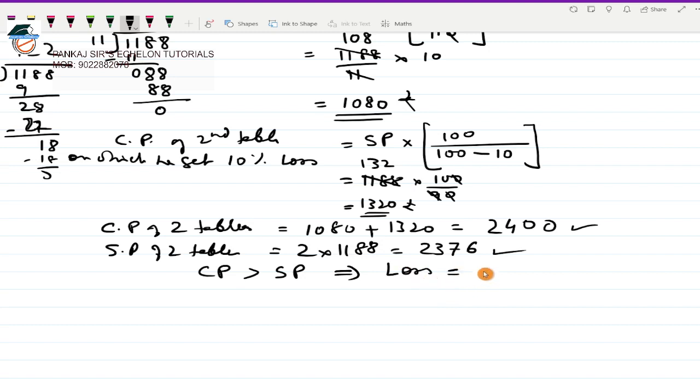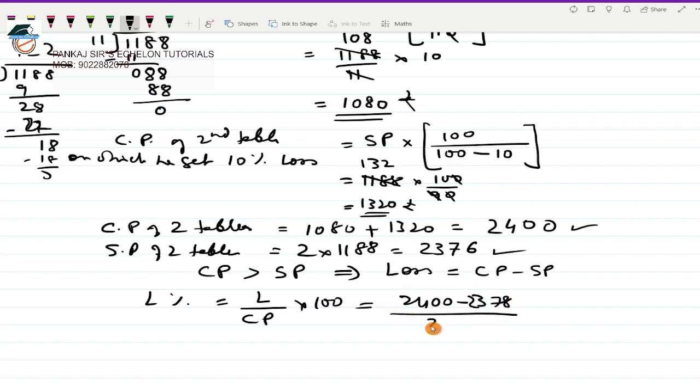Now what will be loss? Loss will be cost price minus selling price. So the loss percentage will be equal to loss divided by cost price times 100. And the loss is how much? It is cost price minus selling price. What is cost price? 2400. What is selling price? 2376.